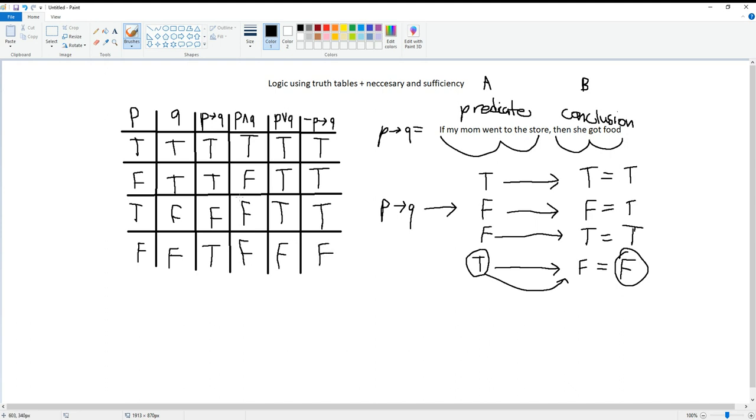Now, if we want to go back and look at these true, false values and ask, does this hold for our statement? We can use these truth tables to figure out if these statements are equivalent.